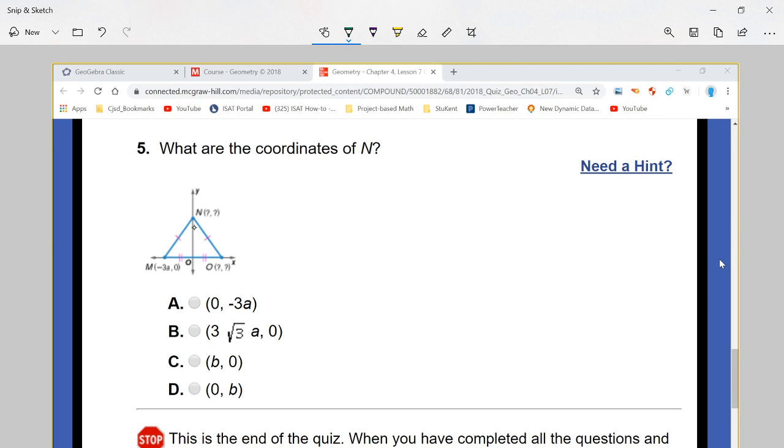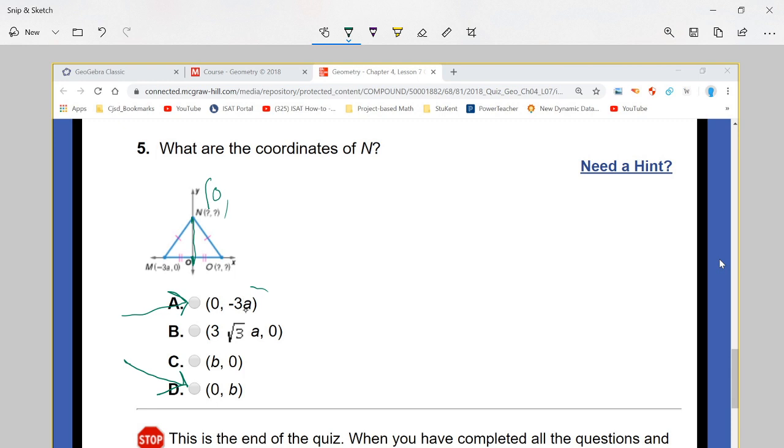There's a distractor in here. I'm looking at my answer choices, right? The only two that matter to me are these two, because I know the n is sitting on the y-axis and that the value for x must be 0. So these are the only ones.